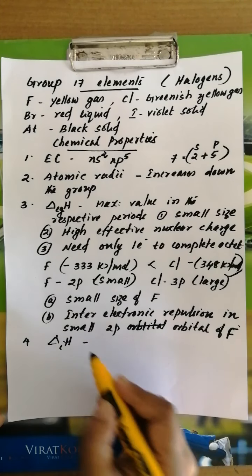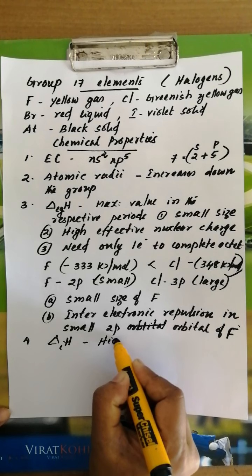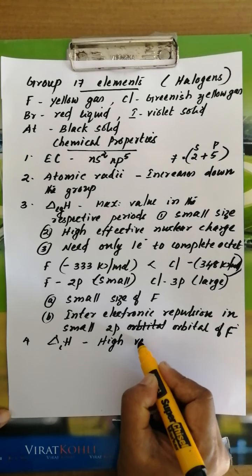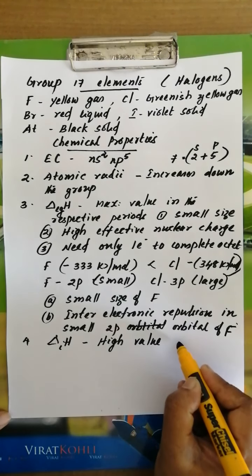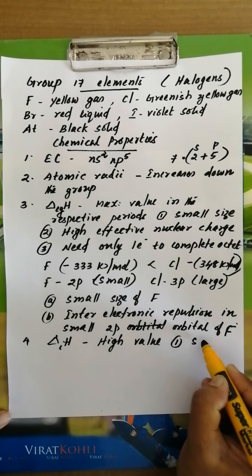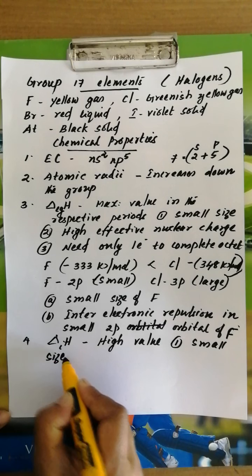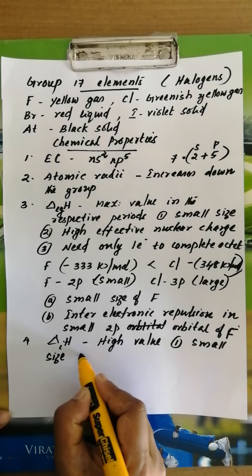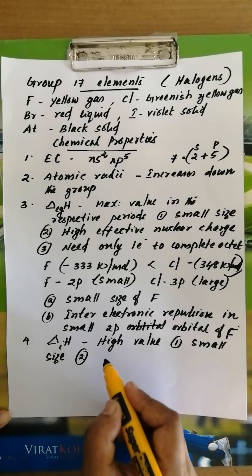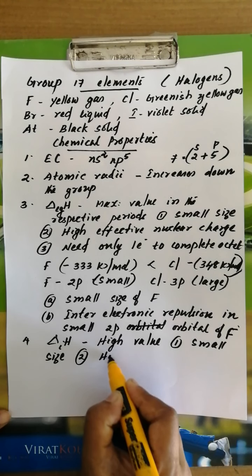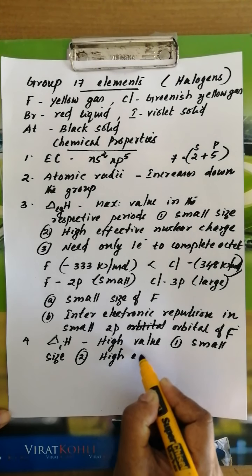And halogens have high values due to small size and high effective nuclear charge.